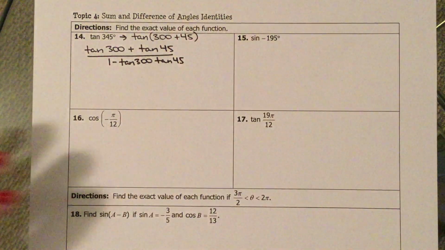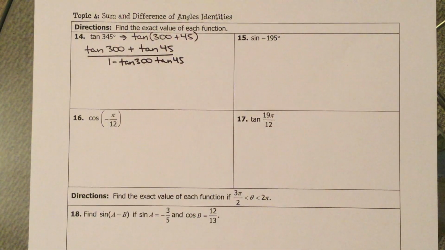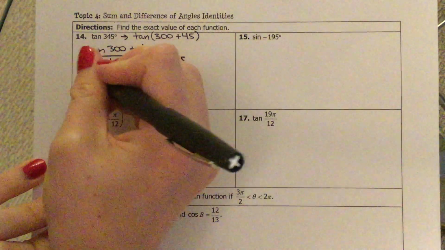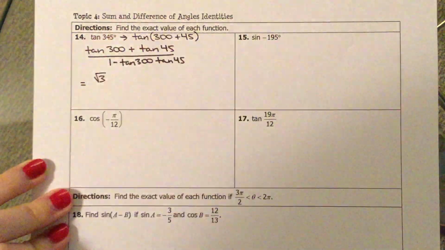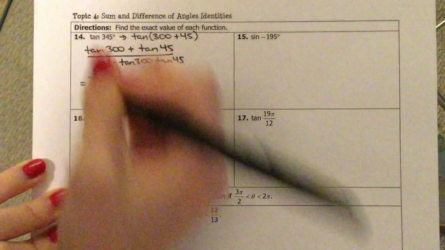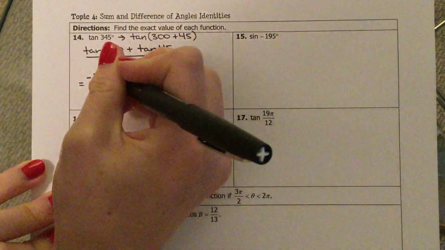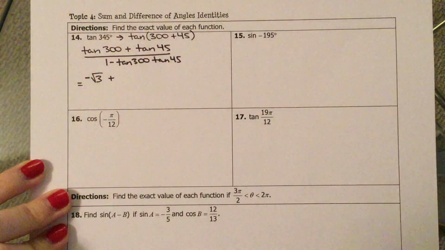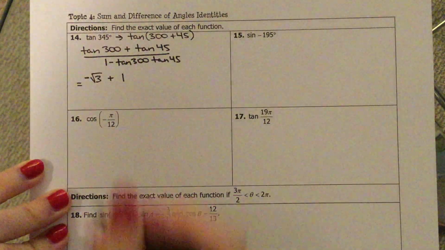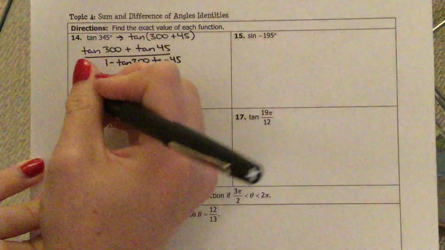So these require unit circle knowledge. You need to know what value you're getting off the unit circle, and we've been talking about these for a while. So 300, the reference angle for 300 is 60. The tangent of 60 is just one that you should have memorized. The tangent of 60 is the square root of 3, but since 300 is in the 4th quadrant, you need to add a negative sign, plus tangent of 45, we should know that one is a positive 1, and then just use those values in the denominator.